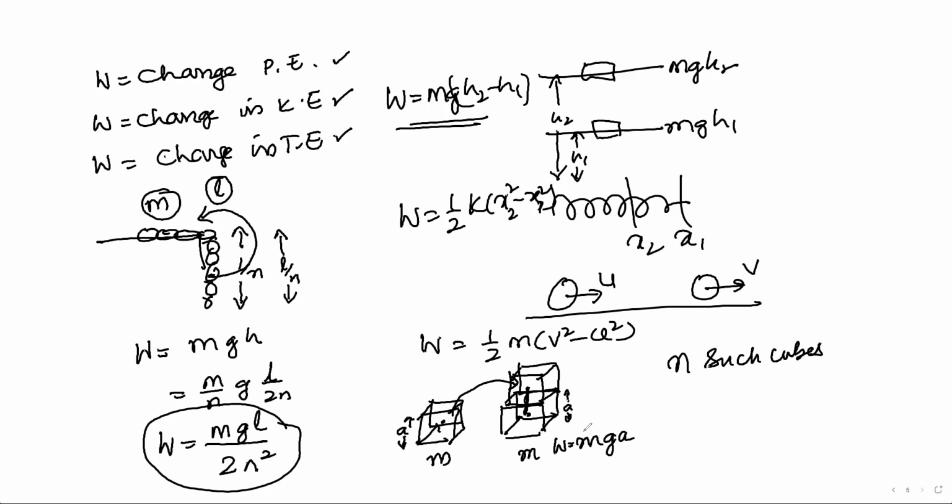I want to arrange one on another. Then what is the work done? It is (n minus 1) mga. Is it correct? Yes, it is correct.